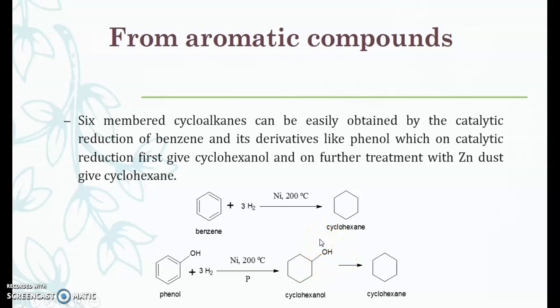In order to remove it, we treat cyclohexanol with zinc dust, which leads to the formation of cyclohexane. So these are the various methods used for the preparation of cycloalkanes.